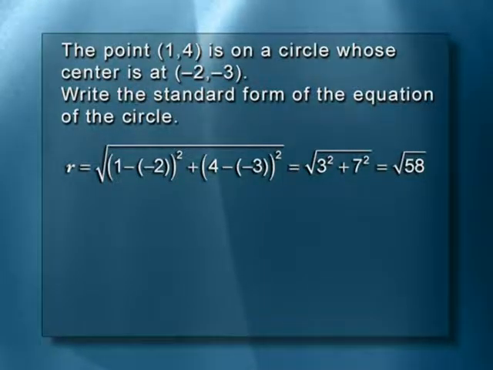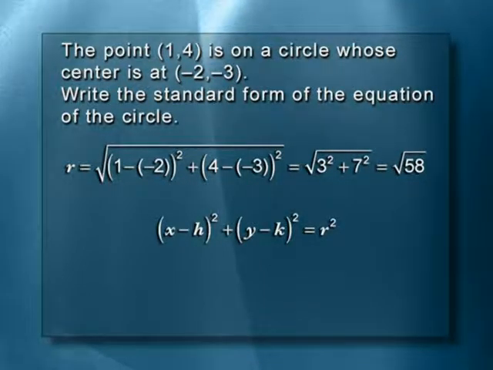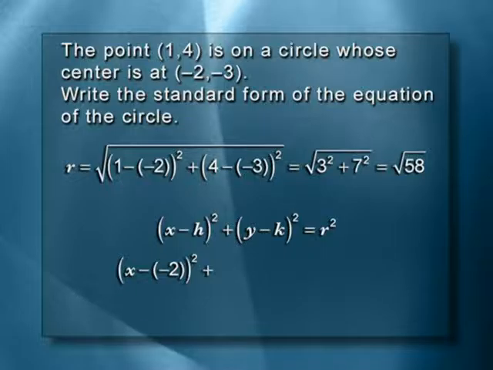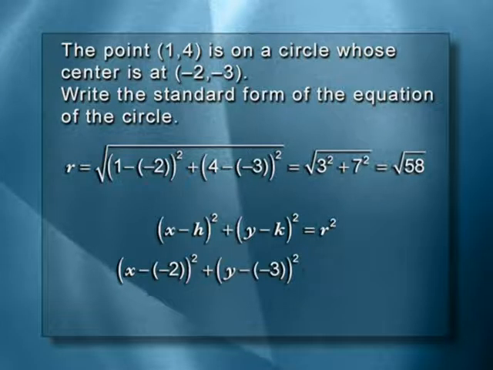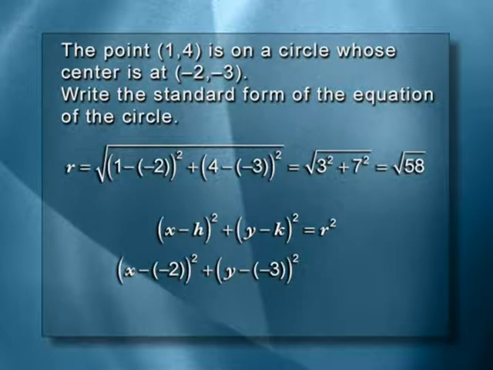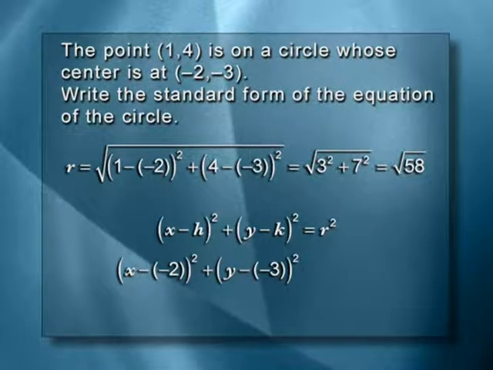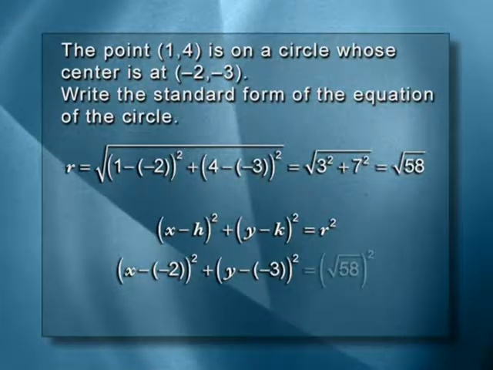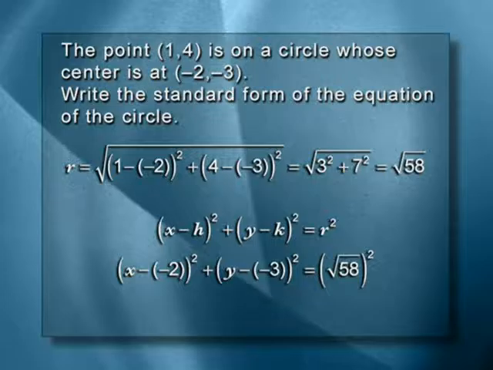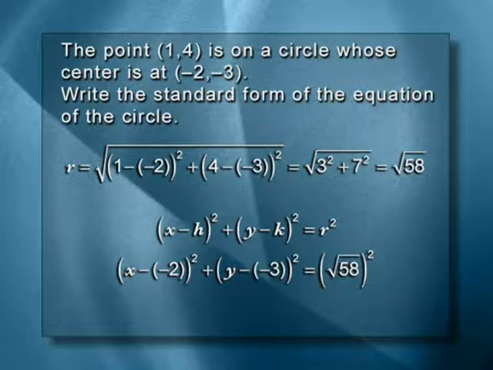And now we take the equation, x minus h squared plus y minus k squared equals r squared, and plug in all these characters. h, you remember, is the x-coordinate of the center, minus 2. k is the y-coordinate, minus 3. And so you have x minus a minus 2 squared plus y minus a minus 3 squared equal to the radius squared, which is square root of 58 squared.